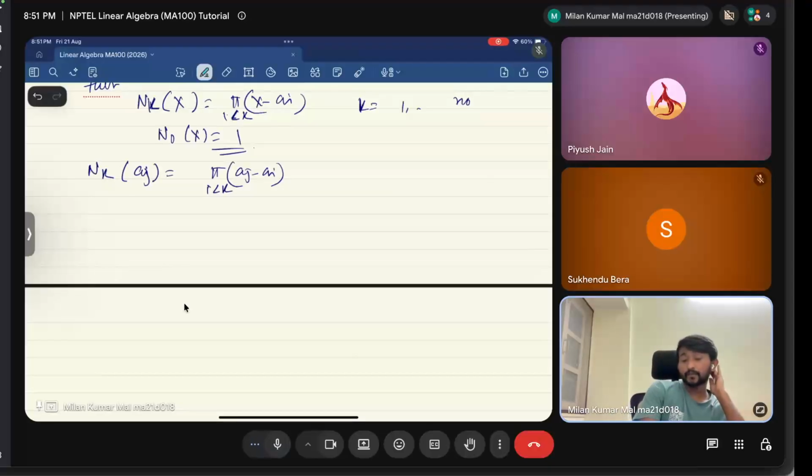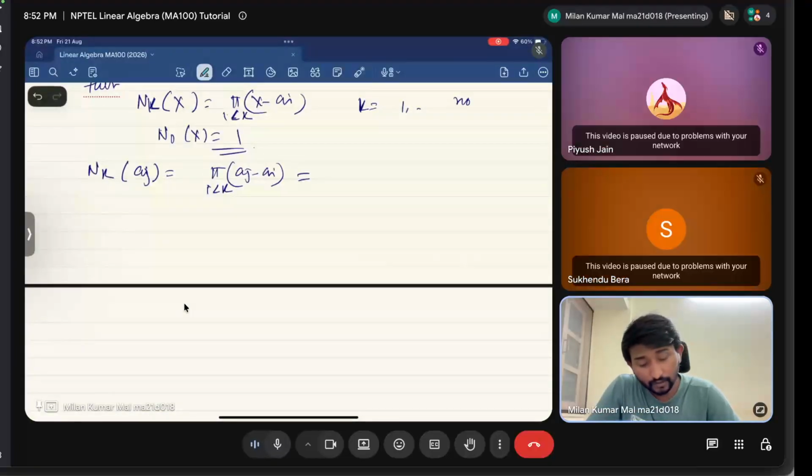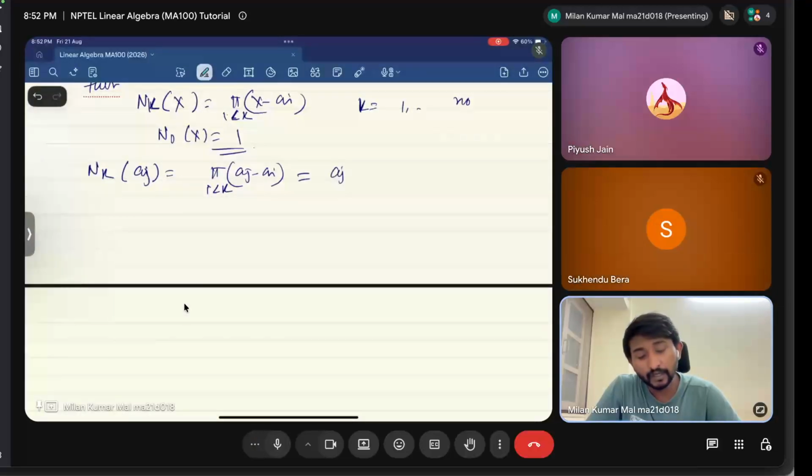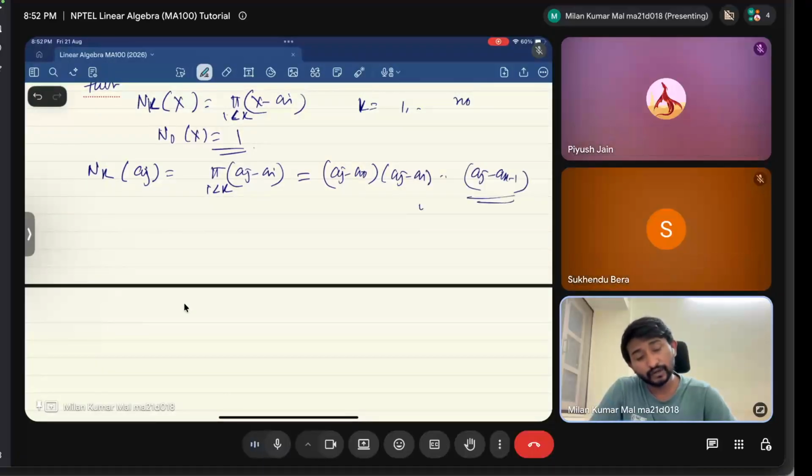The product runs over i from 0 up to k minus 1, that means (aj minus a0), next (aj minus a1), all the way to (aj minus a(k minus 1)). So if j is strictly less than k, then this is 0, otherwise it is not equal to 0, right?